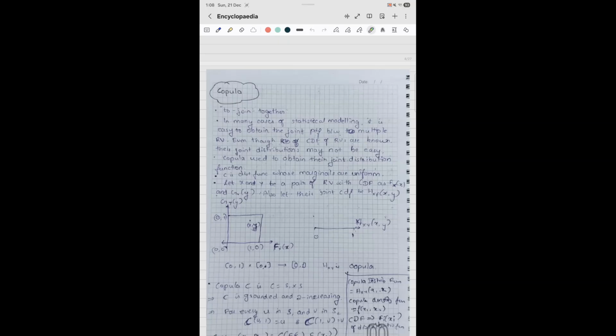So we are using marginals of the log returns of the pairs, this is pair 1 and this is pair 2. We are finding a joint distribution function h of x, y, which is nothing but the copula, to find out the relationship between the two stocks.